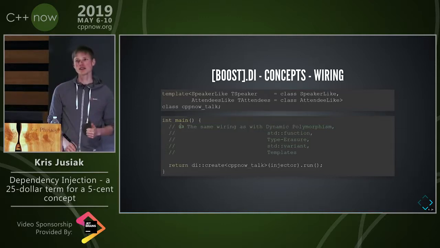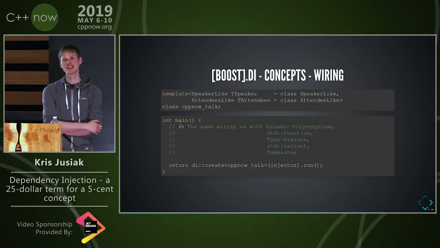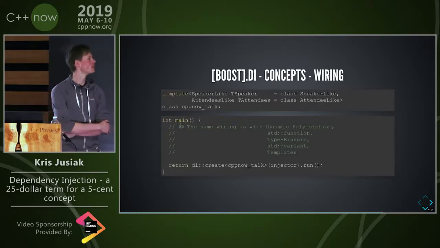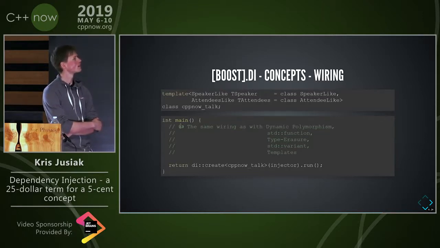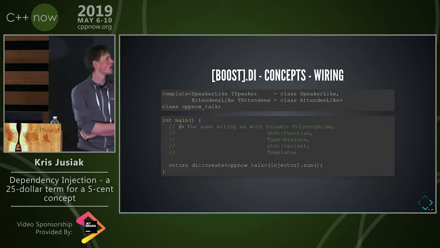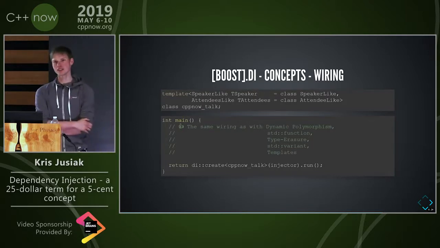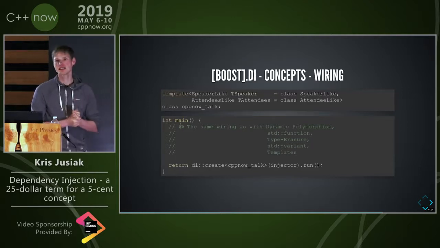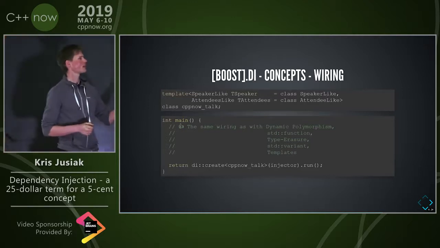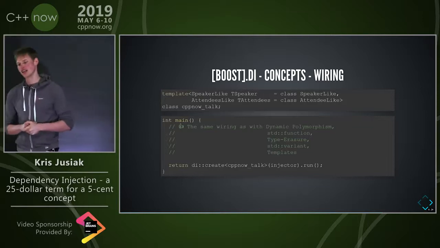Make sense? No. On that side, is that supposed to say regular speaker and also attendees on the right? Otherwise, your speaker-like is both concept and class in this declaration. That's a really valid point. I think it will collide. So let's say the speaker-like concept. I'm not sure whether that will collide.